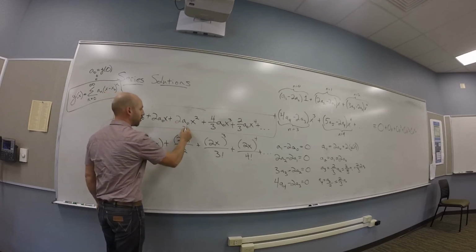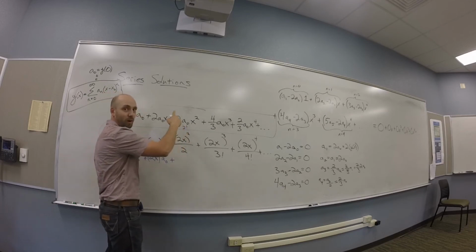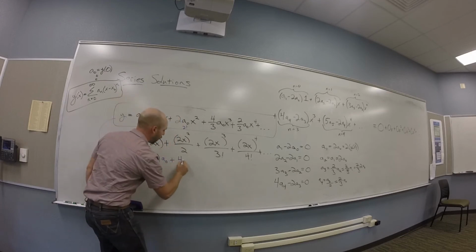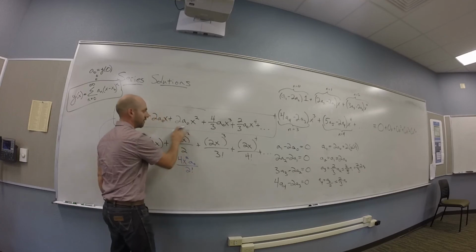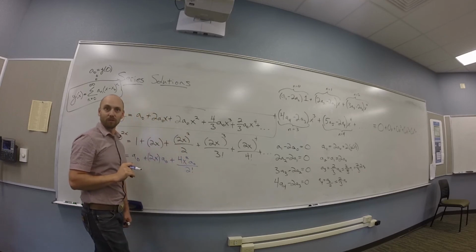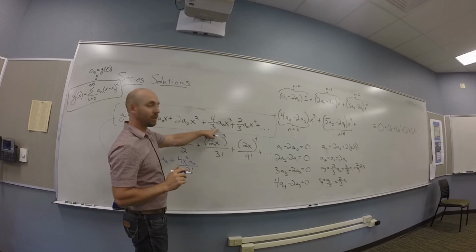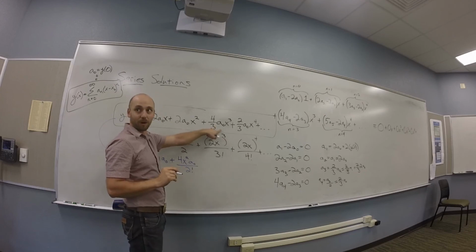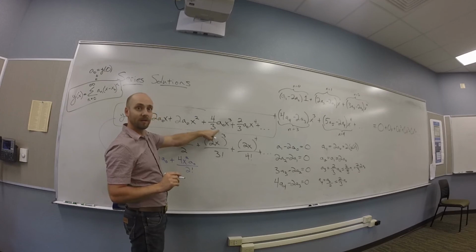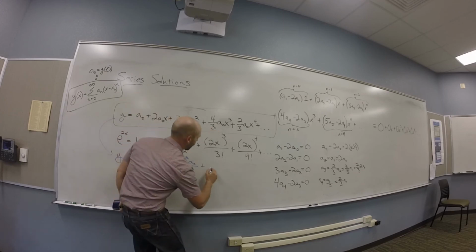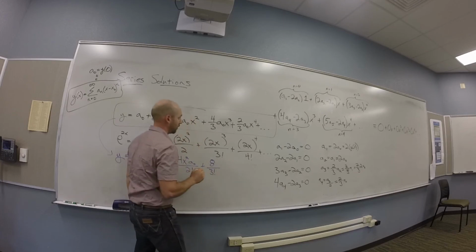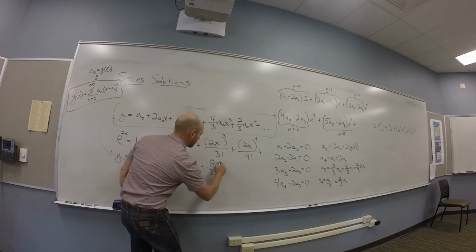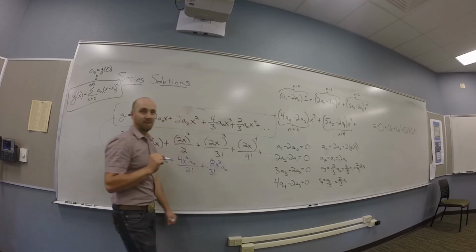So to get a 2 factorial down here, I need an extra 2 up top. So I think I got 4x squared a0 over 2 factorial to get that factorial on the bottom. To get a 3 factorial on the bottom here, I got a 3 on the bottom already. I need a 2, so that's 8 over 3 factorial, and I got an x cubed and an a naught.